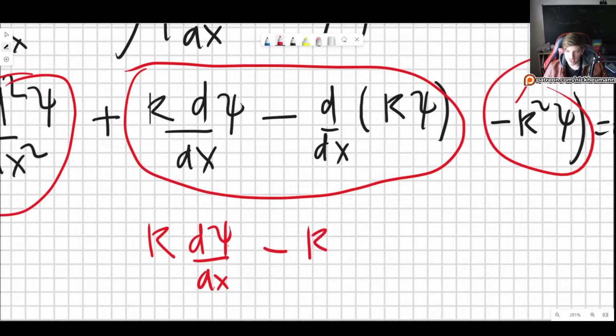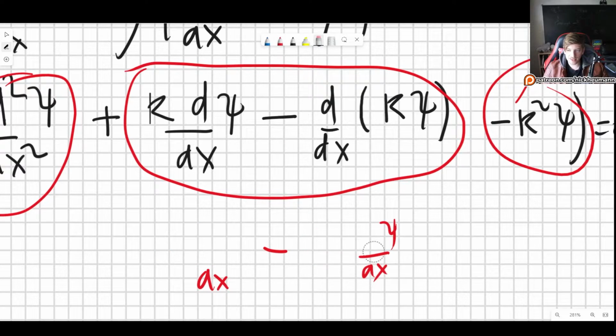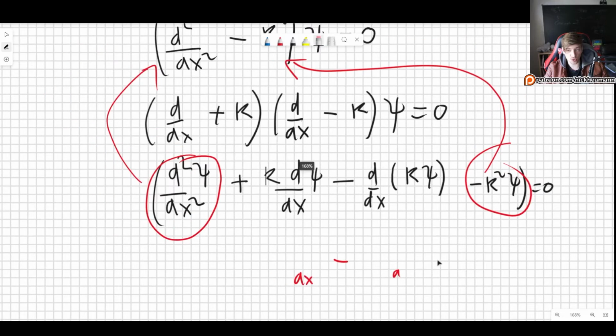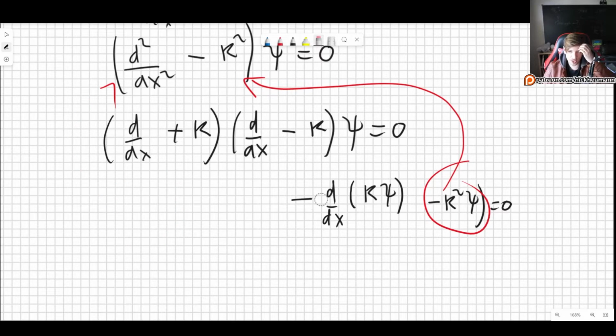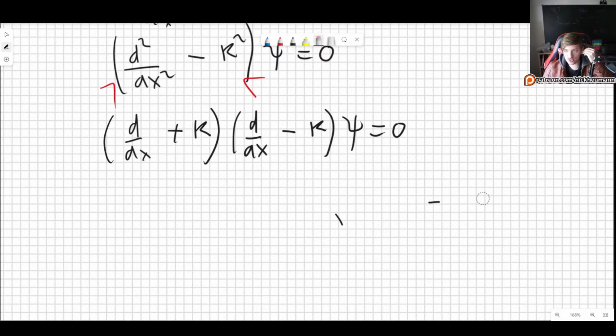So we get k d psi dx minus k d psi dx, and they cancel out. So we can indeed do the factorization that I just showed you. But if k somehow were to depend on x, then you would not be able to do this, right? So if you are ever in a situation where you want to do this factorization, but your constant k depends on x, I'm afraid that you need to find some other way of doing it. But that's not our problem today, so let's go ahead.